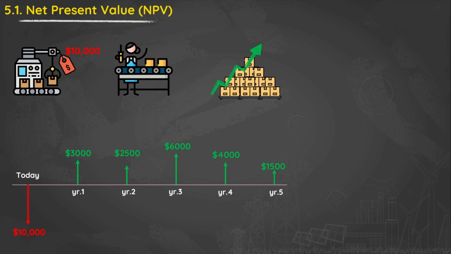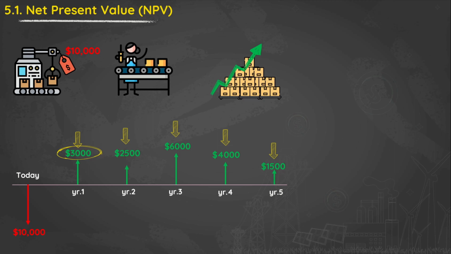If we paid this 10,000 US dollars and have these expected incomes for the next 5 years, would this be a profitable decision to buy the machine or not? The challenge here, as we know, is that these future profits are worth less than their present value. For example, this 3,000 US dollars you will get a year from now is worth less than 3,000 if you have it right now.